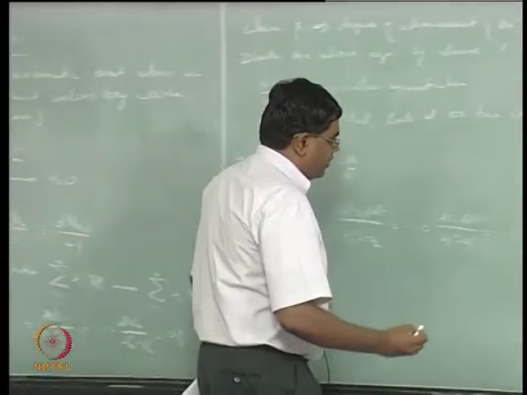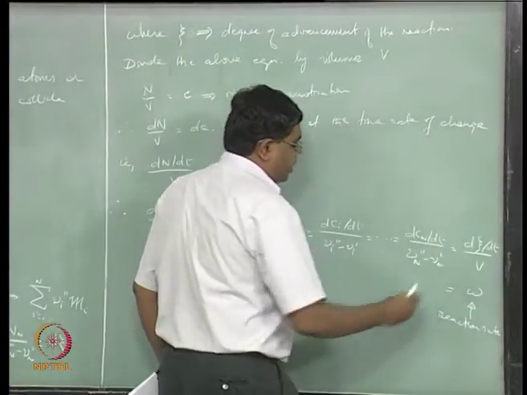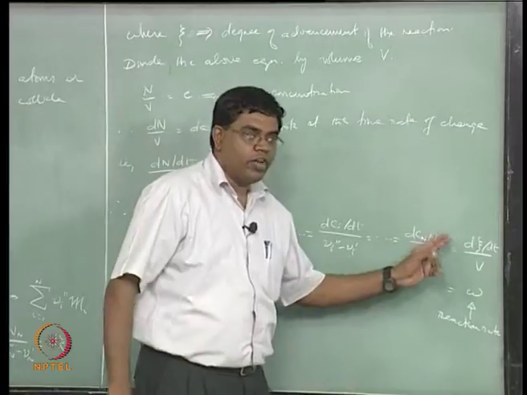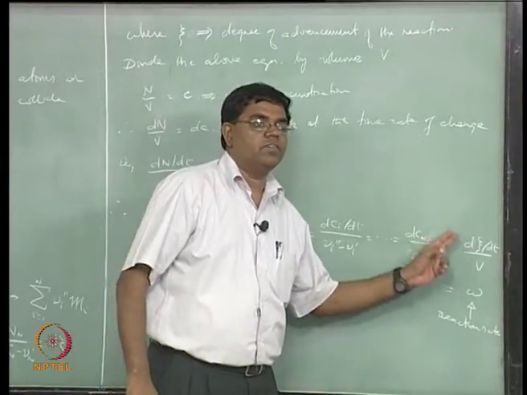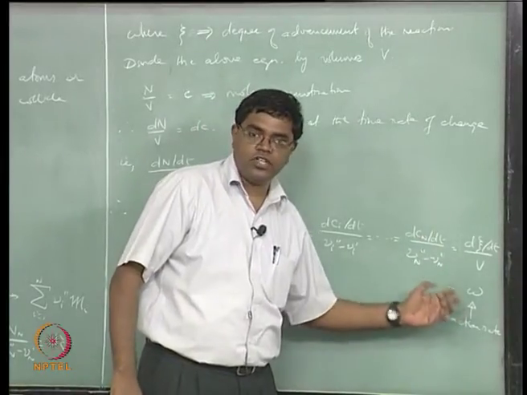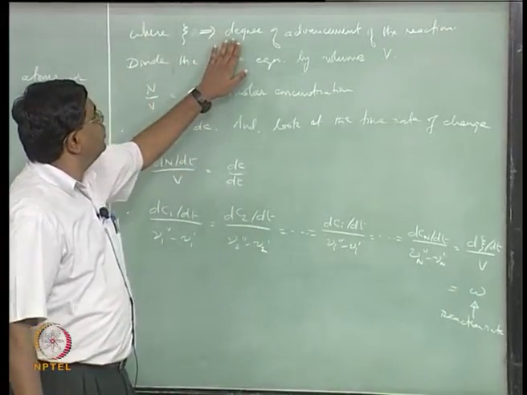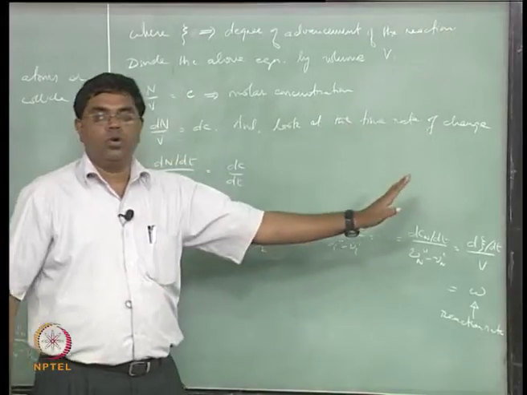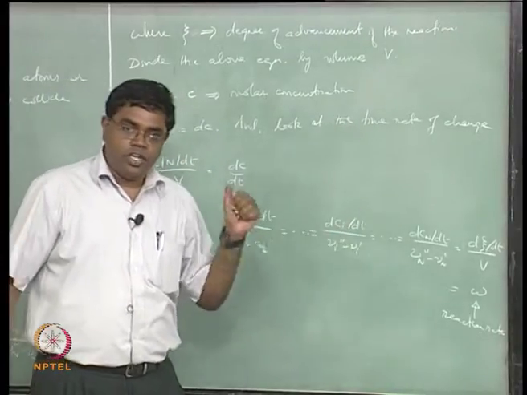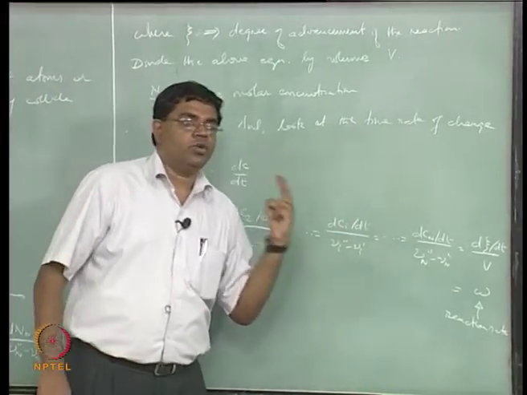So what does this really mean? It's essentially a volumetric time rate of change of the degree of advancement of the reaction. So the reaction rate essentially means the rate of change of the degree of advancement of the reaction per unit volume. So keep in mind there are two things about a reaction rate.